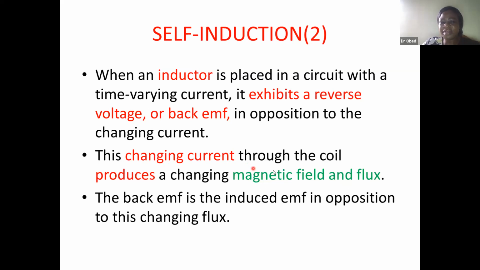And the back EMF is the induced EMF in opposition to this changing magnetic flux. Remember the back EMF, we said it's always opposing the changing flux.